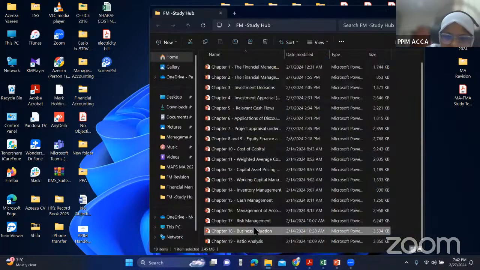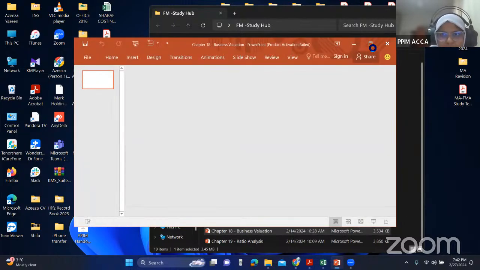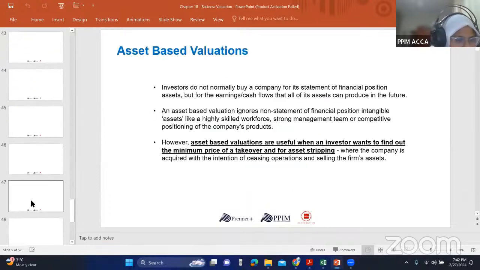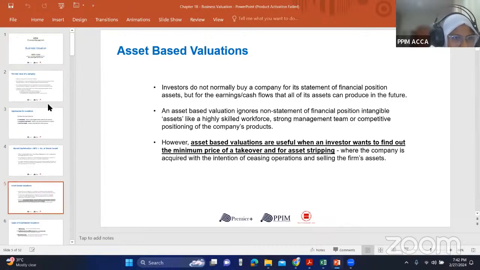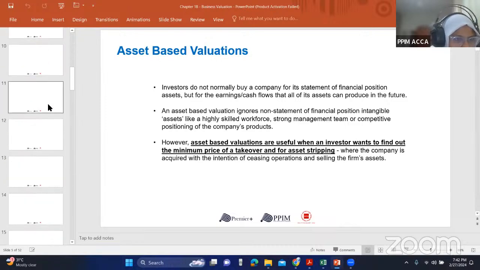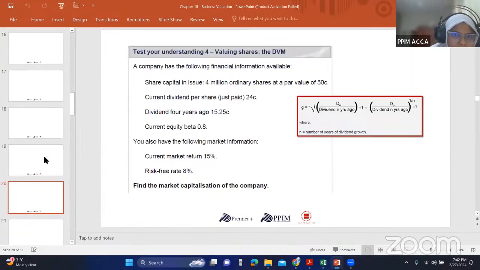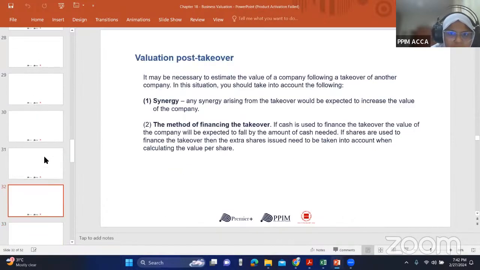This is a summary of all the different methods that you have to value a business. Let's go through just that slide.